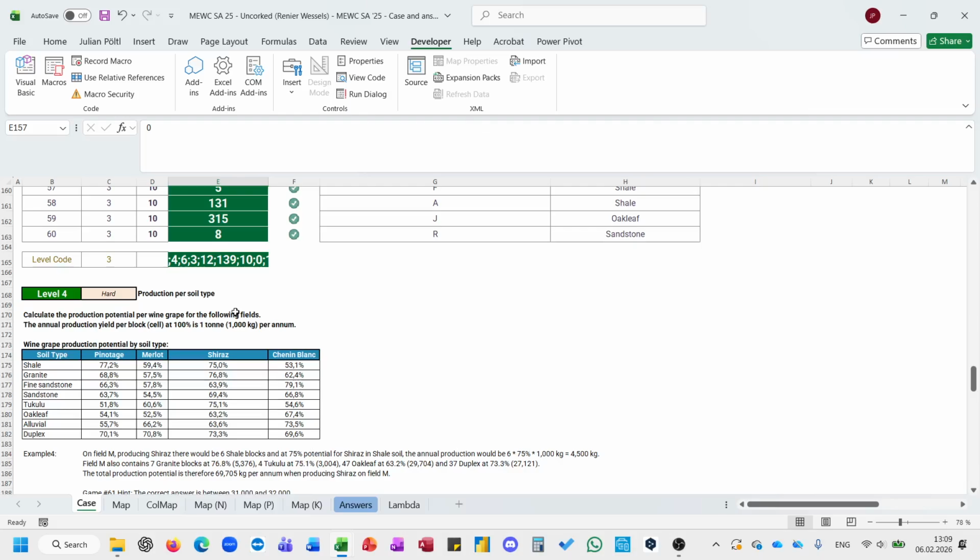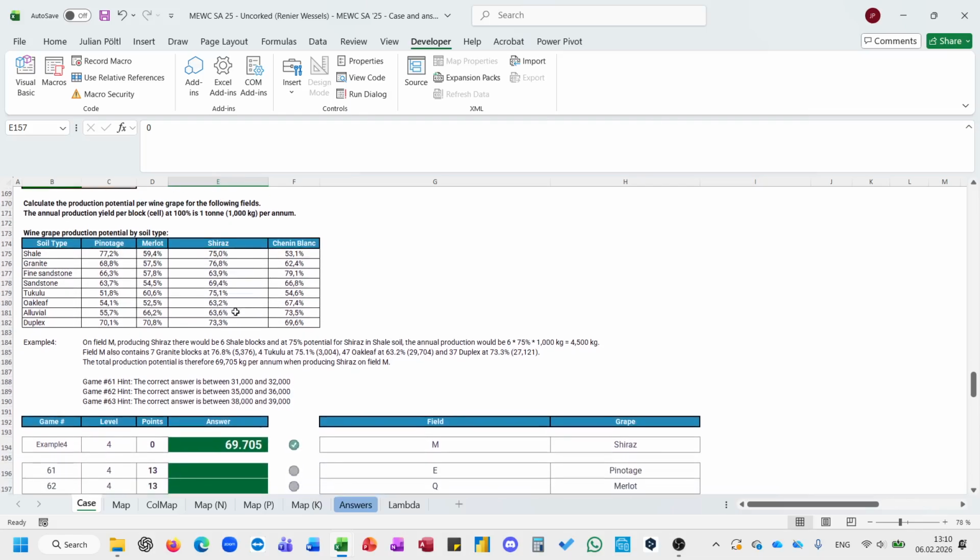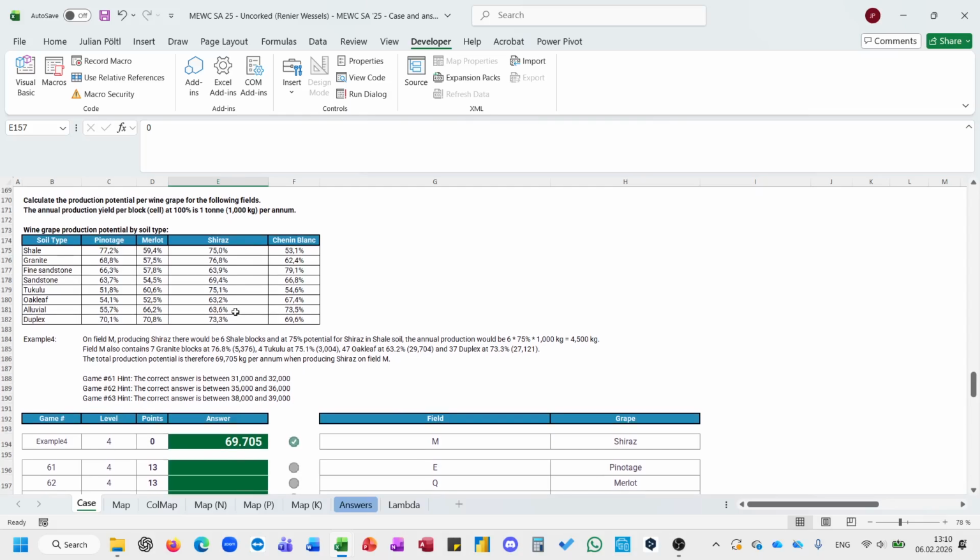Calculate the production potential per wine grape for the following fields. Okay, this is a little bit more complicated.